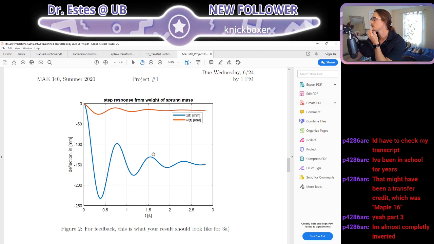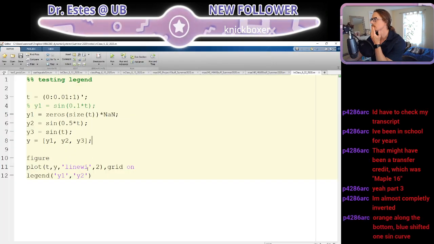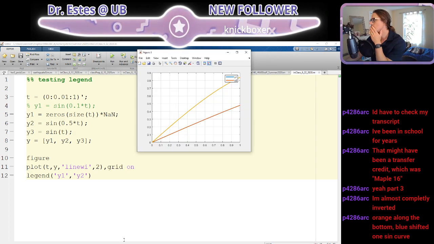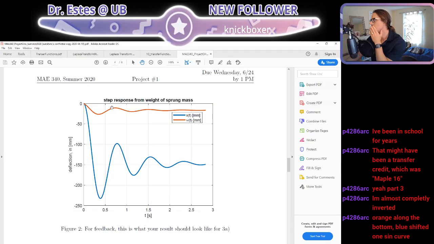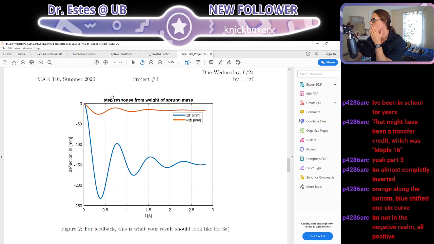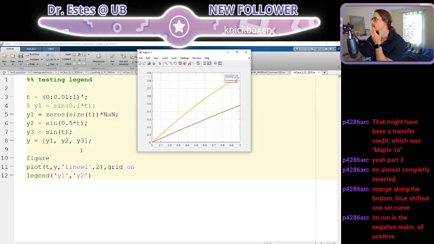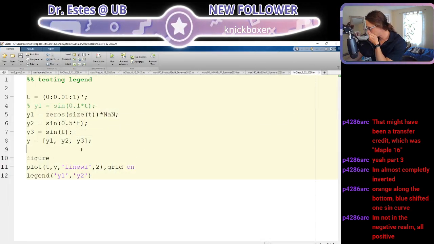Interesting. Let me try something else. Orange along the bottom, blue shifted, 1 sine curve. And it's all positive. Interesting.